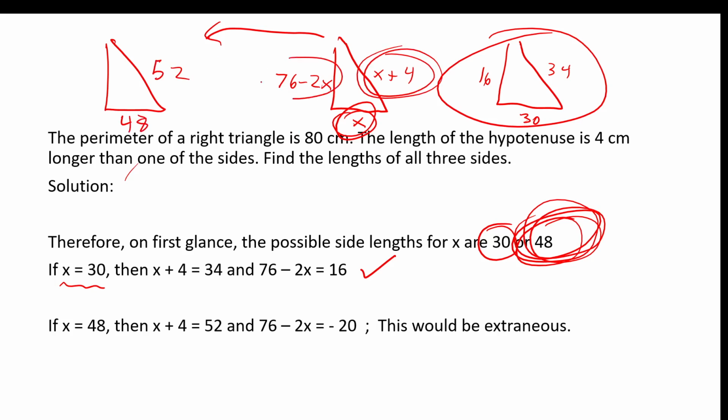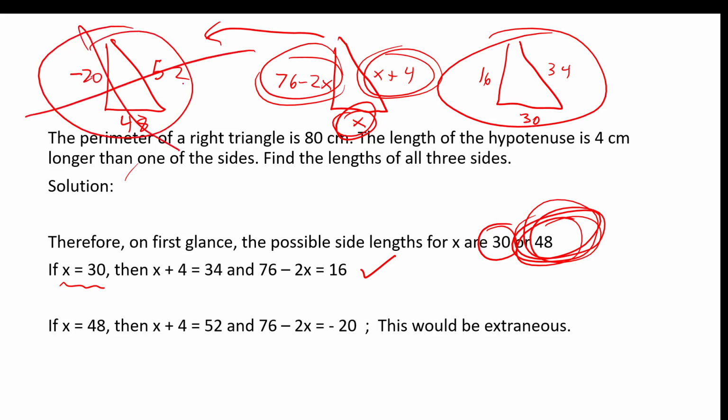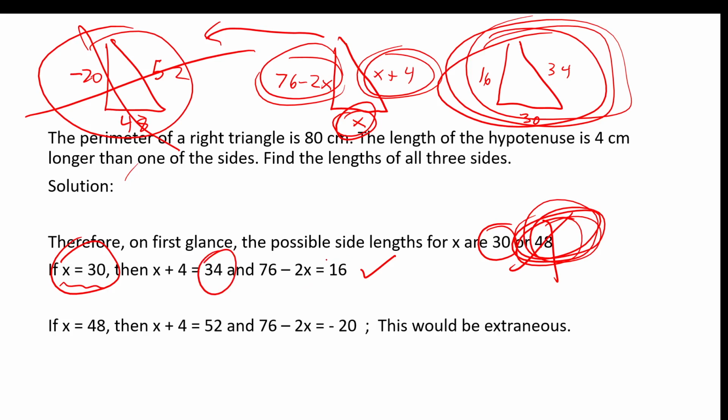But the problem is this 76 minus 2x becomes 76 minus 2 times 48, which is negative 20. That's not a valid triangle. So there's only one possible answer here. The 48 answer is actually extraneous. So what we can say is the only possible answer is when x is 30, one of the other side lengths is 34, and one of the other side lengths is 16.